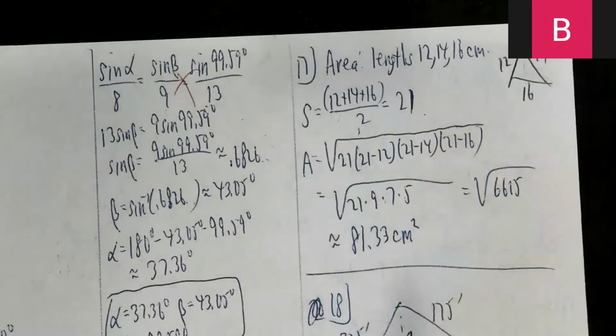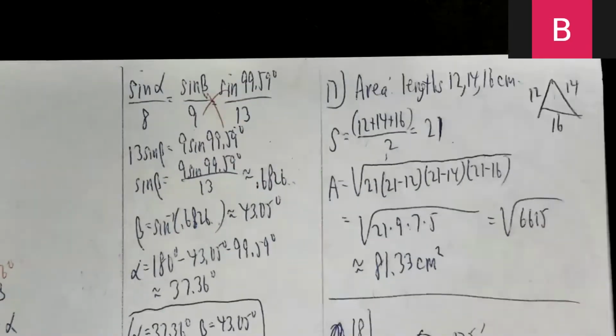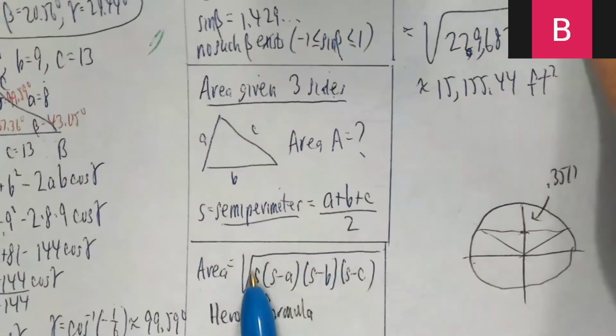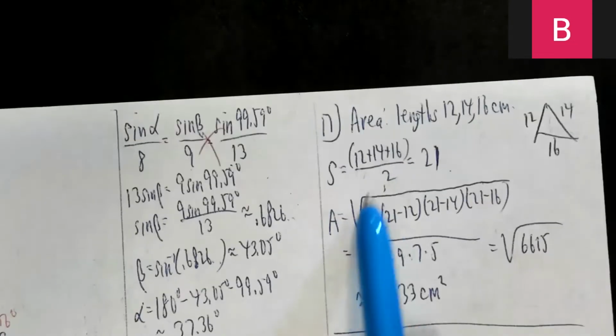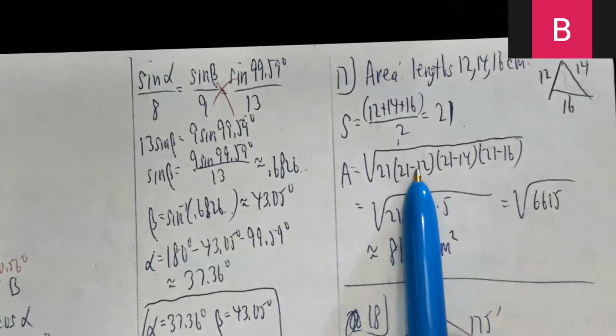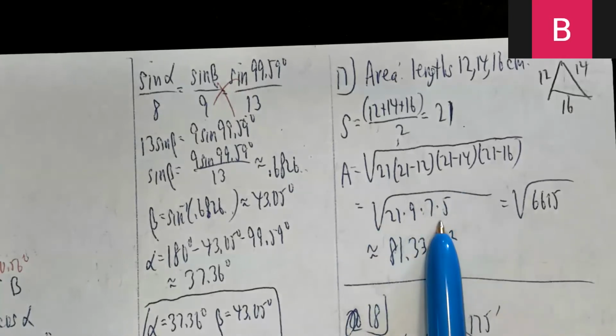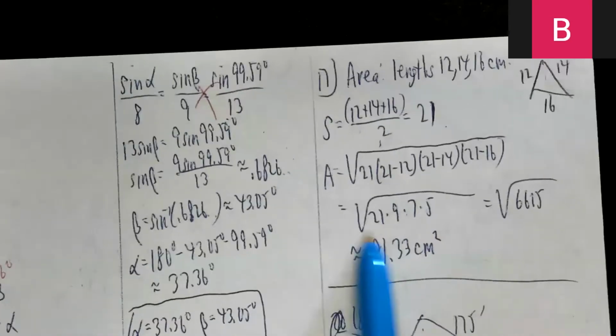And say, how do I get everything set up? Okay, so it goes square root of semi-perimeter, s, and then s minus each of the sides. So semi-perimeter minus 12, minus 14, minus 16. Okay, 21 minus 12 is 9, 21 minus 14 is 7, 21 minus 16 is 5. Okay, multiply them all together.